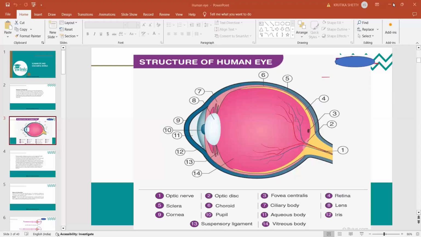Yes, here you can see, students, the structure of the eye. Okay, the different parts you can see.